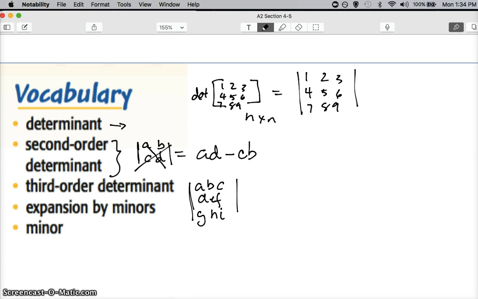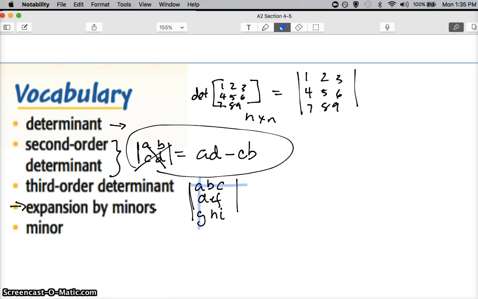Expansion by minors is a type of way that we can use to find the determinant here. Remember how easy this was to find a second order determinant? To find a third order determinant, it's not that easy, and I'll show you later on. And so we have to do it by a process called expansion by minors. And a minor is when we break down the determinant by looking at certain sections of it.